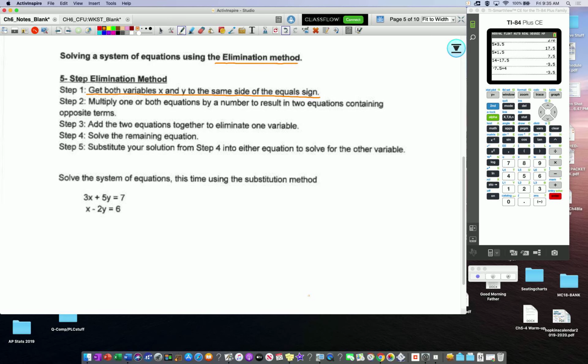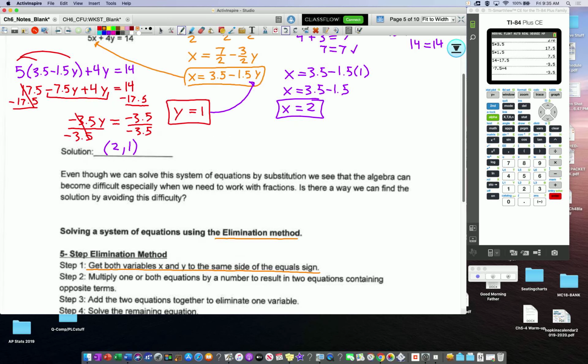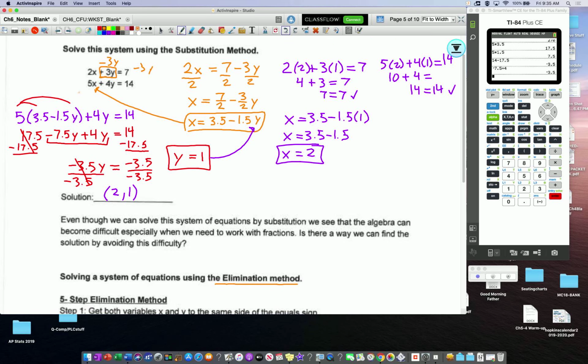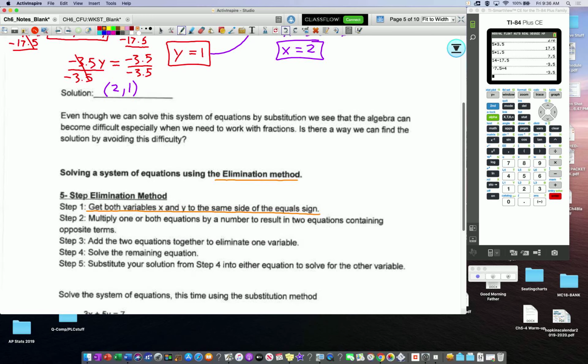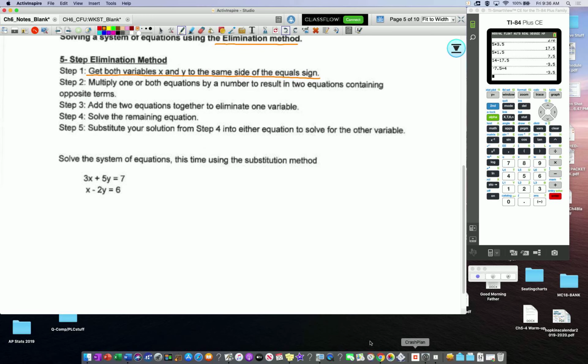If you look at the one at top, notice how the x's were lined up together, the y's were lined up together, and they equaled the number. You got to get it to look exactly like this for the process to work. In this system down here, notice how the x's are on the same side, the y's are on the same side, so all the variables are on one side with just the numbers on the other side.